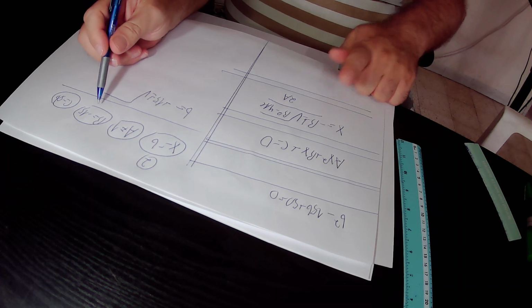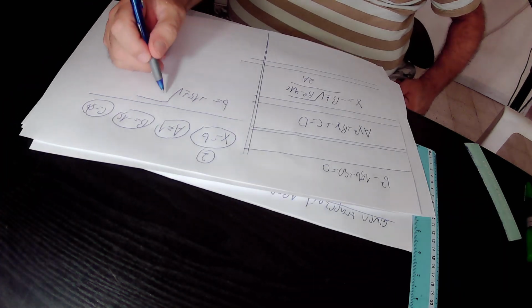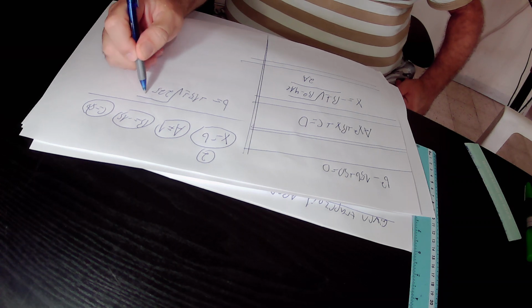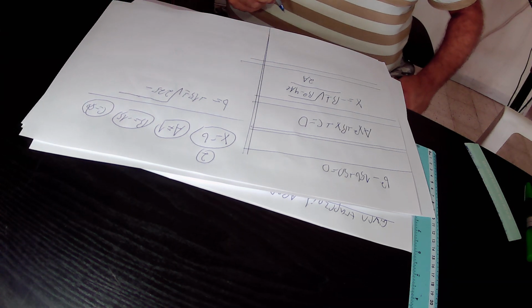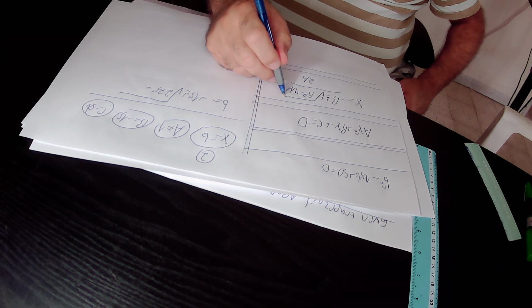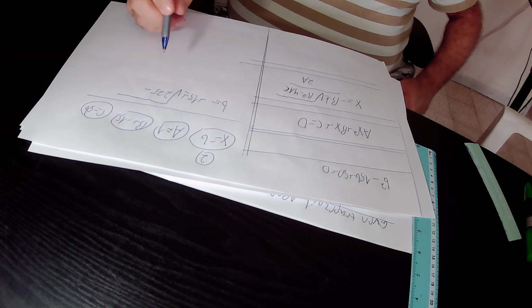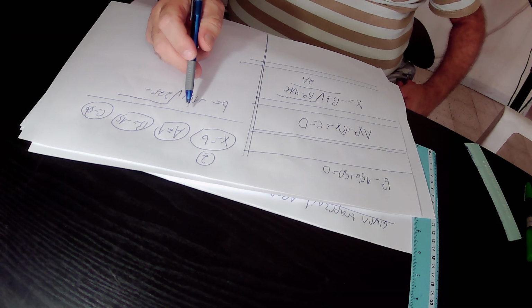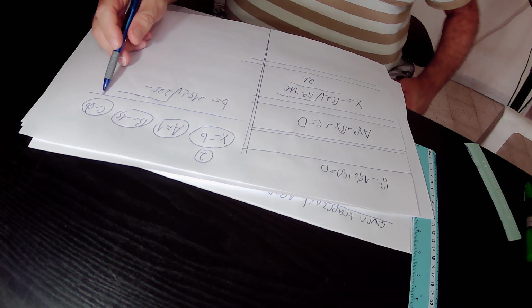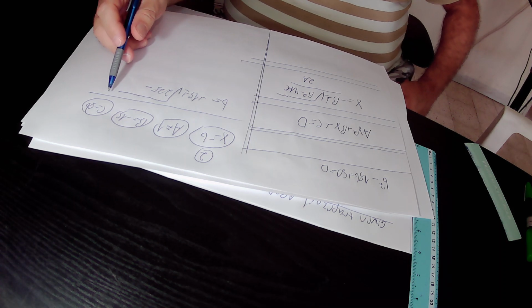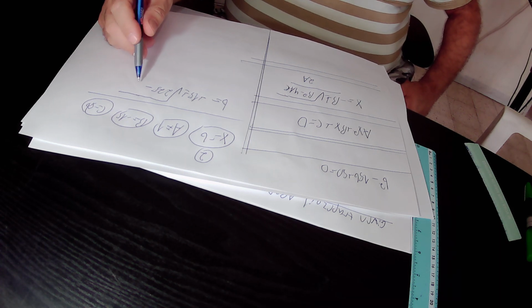B is minus 15, therefore B squared is minus 15 squared, that is 225, minus 4 times a times c. So it is minus 4 times a. A is 1, so minus 4 times 1 is minus 4, times c. C is 50, so minus 4 times 50 is minus 200.